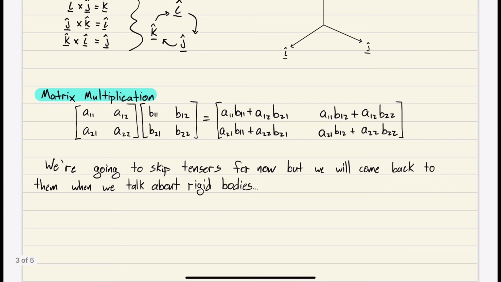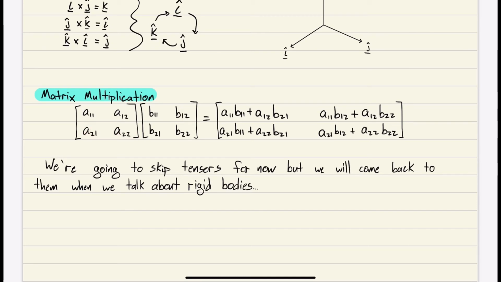Next, matrix multiplication. This is just your standard matrix multiplication. You take your row and multiply it by your column, row times column, and you add the components. So we do A11 times B11, plus A12 times B21, and then you go on to the next one, row times column, with a similar pattern, and then the next row, row times column.